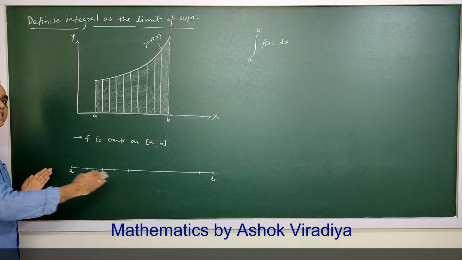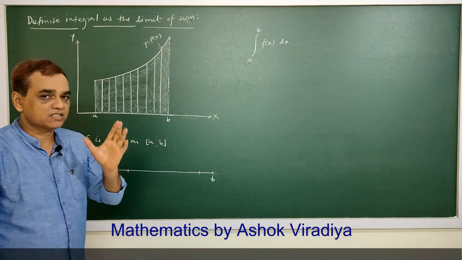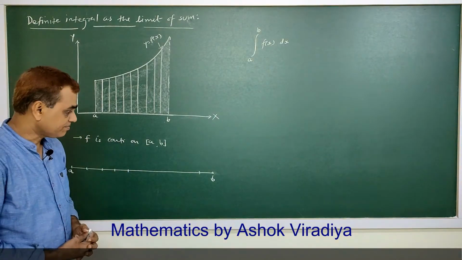So the interval is divided into n equal parts of congruent length.